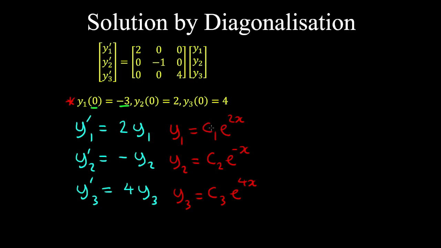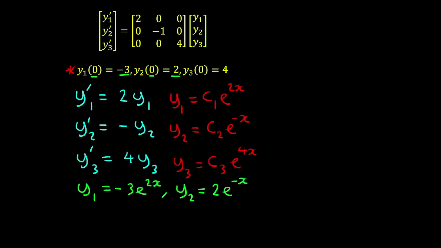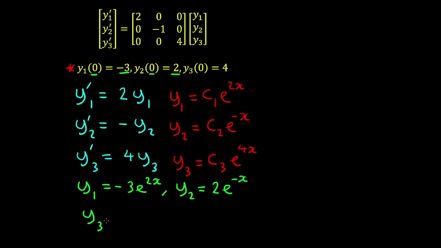So c1 is minus 3. So what we'd get is y1 is minus 3e to the 2x. And similarly, applying the second initial condition, we'd have 2 is equal to c2 by e to the 0. So therefore c2 is equal to 2, and we'd get y2 is 2e to the minus x. And similarly, y3 is 4e to the 4x.